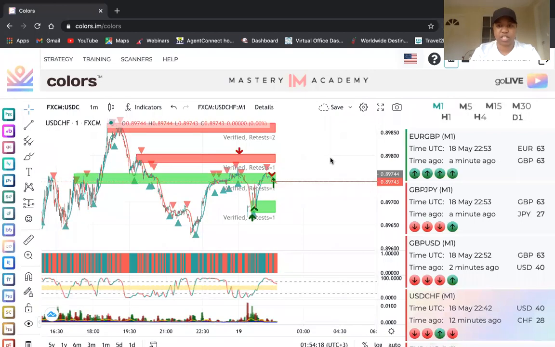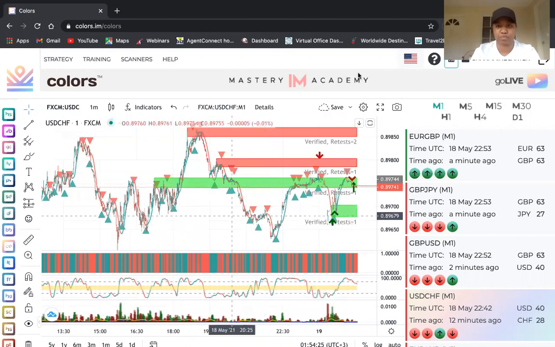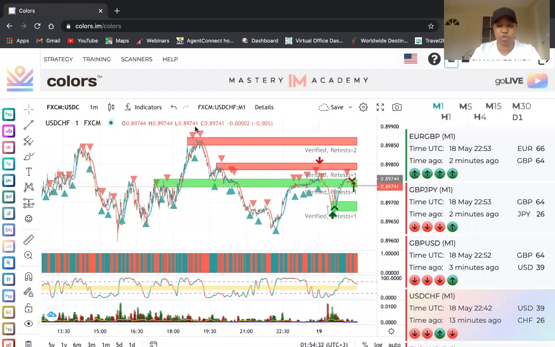Okay, so this is a perfect example right here, guys. On the 1 minute time frame, we're scalping, right? We're scalping on the 1 minute time frame, and this is what you're looking for. When the trade comes up to the red box, all you're doing is lining up the colors, guys.